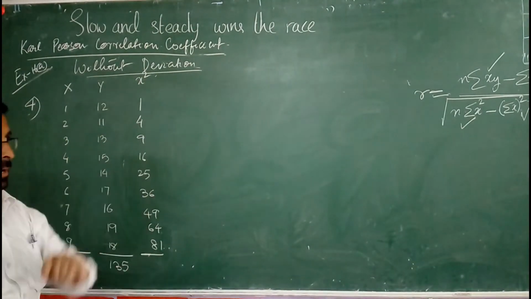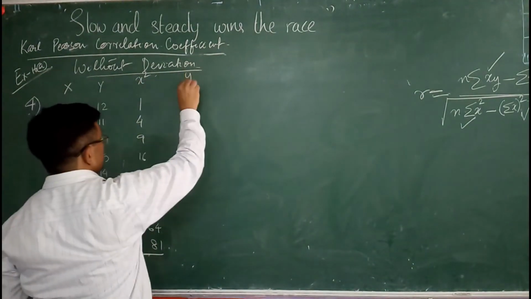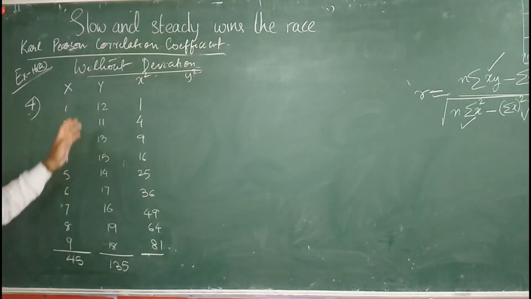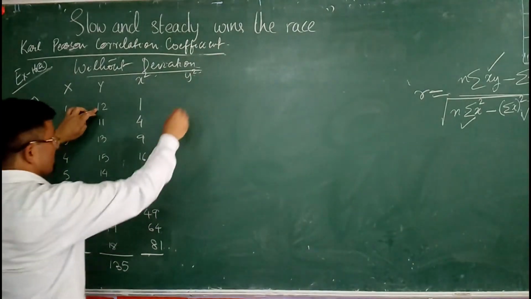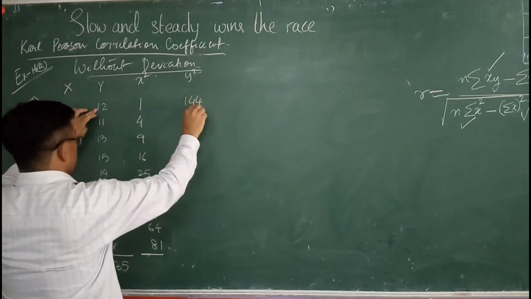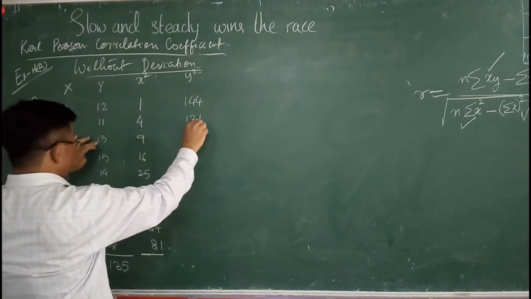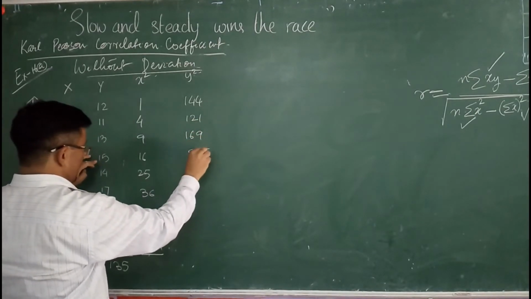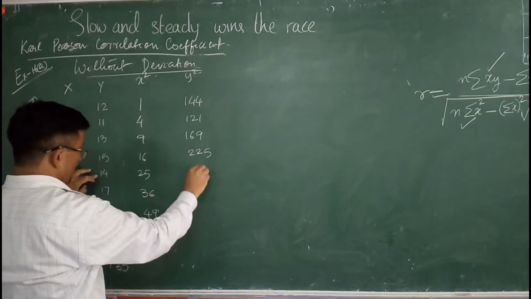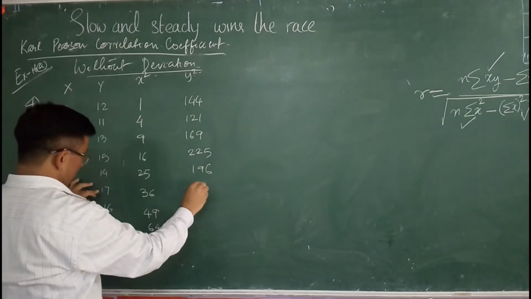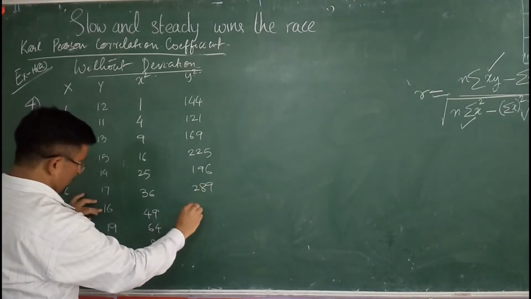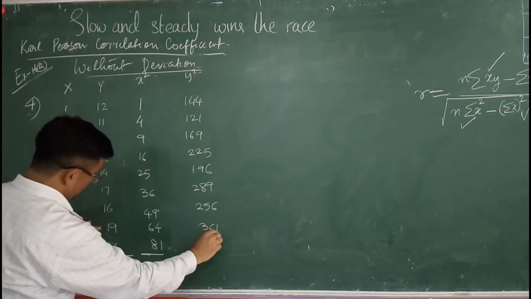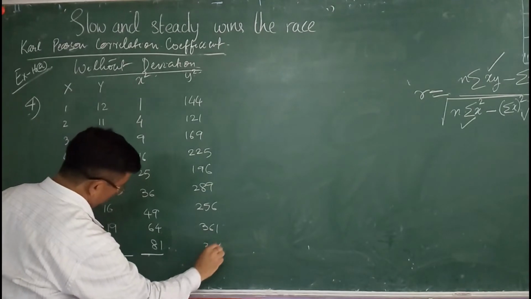I'm going to calculate the y square column now. Y square is the square of all these terms, right? Please keep your eye fixed on the board. 12 square, 144, 11, 121, 13, 169, 15, 225, 14, 196, 17, 289, 16, 256, 19, 361, 18, 324.